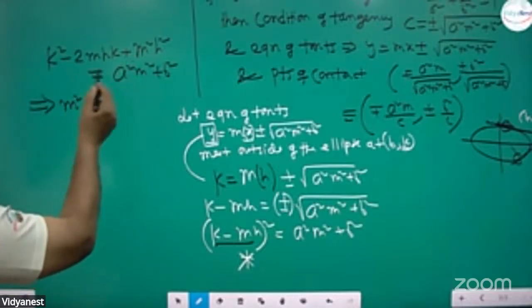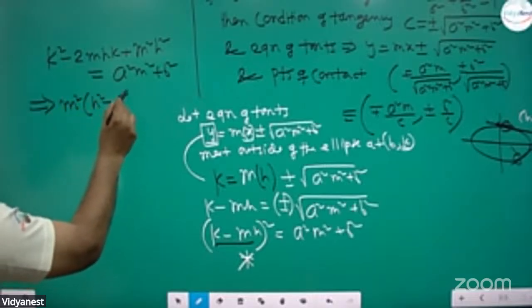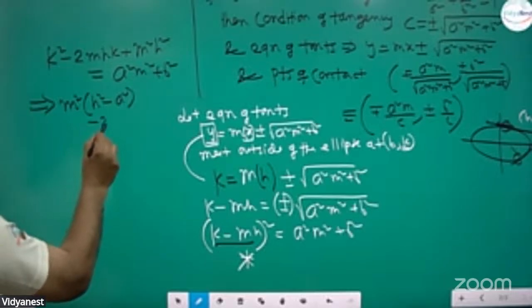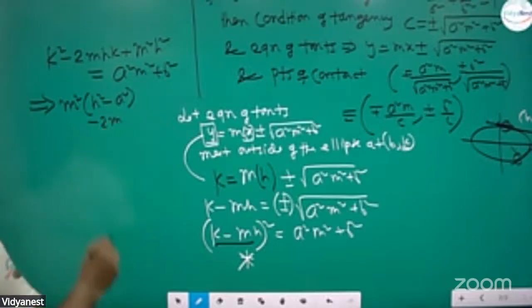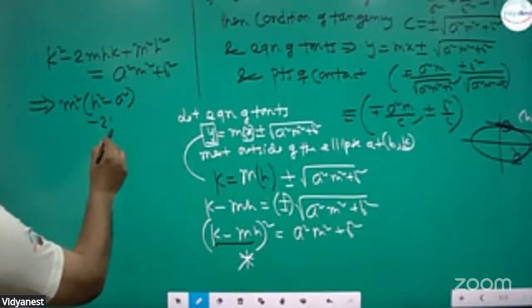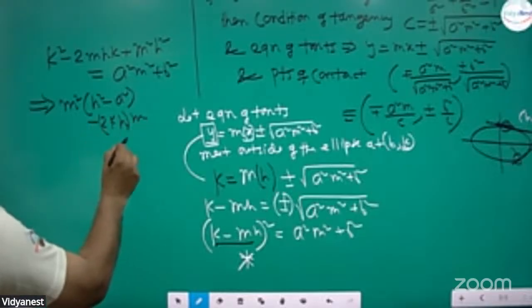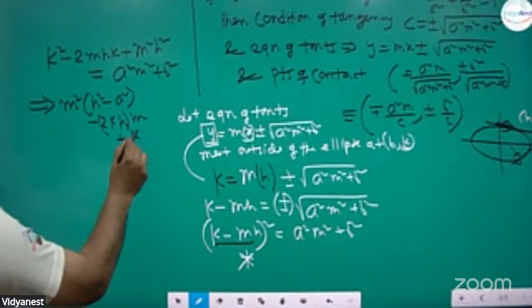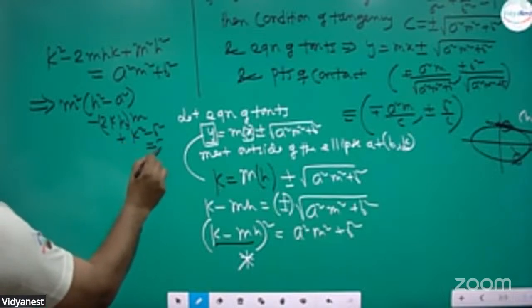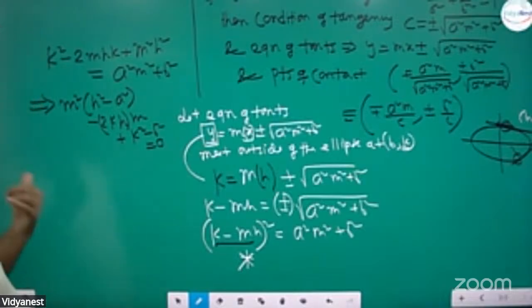You bring in this side m square h square minus a square minus 2khm. Hope you can catch the concept. Plus constant term is k square minus b square. So again, like the previous state, it has attained the form of x square plus bx plus c.